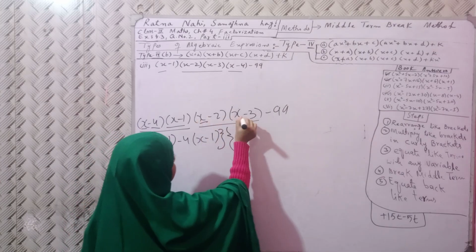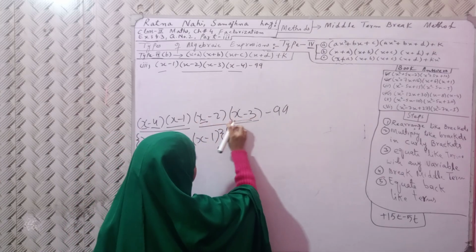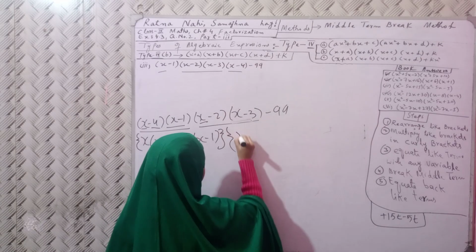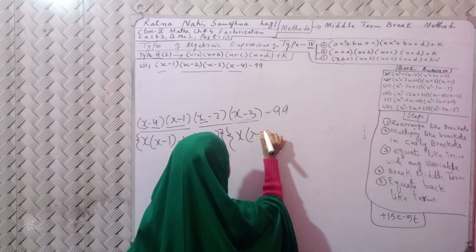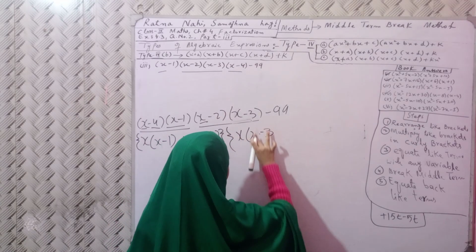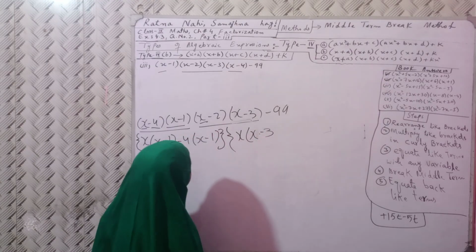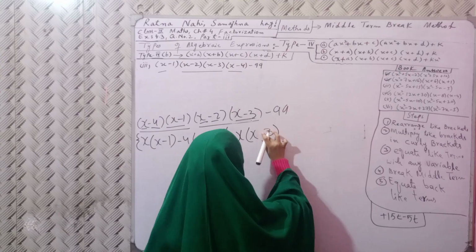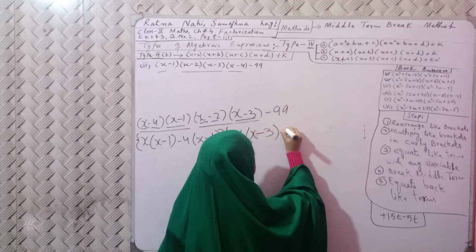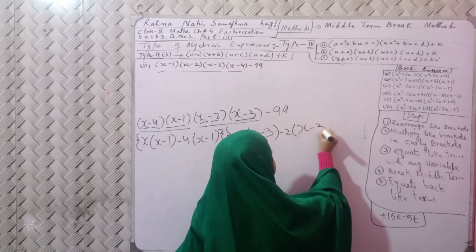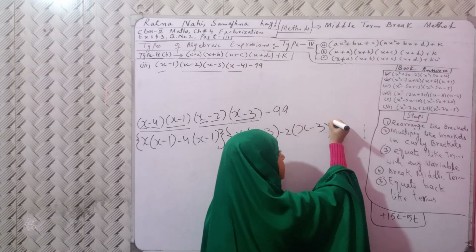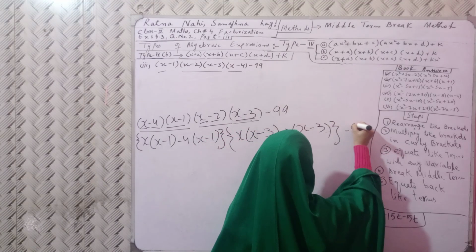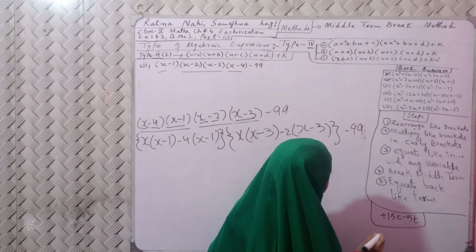This will be multiplied with this whole bracket, x - 3. Then this -2 will be multiplied with this whole bracket. Then again curly bracket - 99.